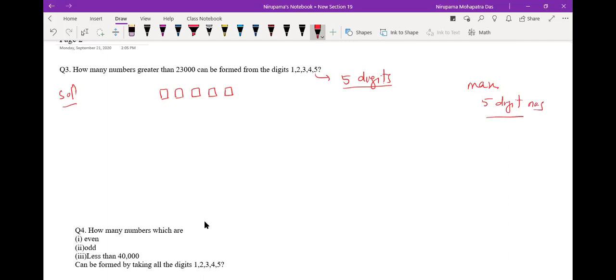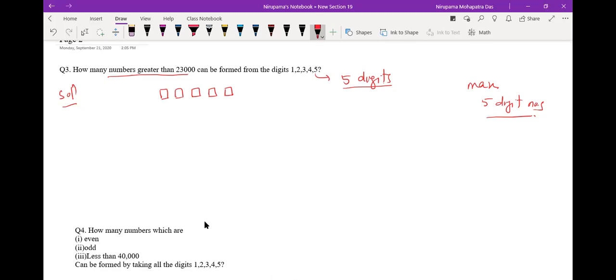Now out of this, what is the restriction given here? The numbers are greater than 23,000. When the numbers are greater than 23,000, what should be the restriction or possibilities here?